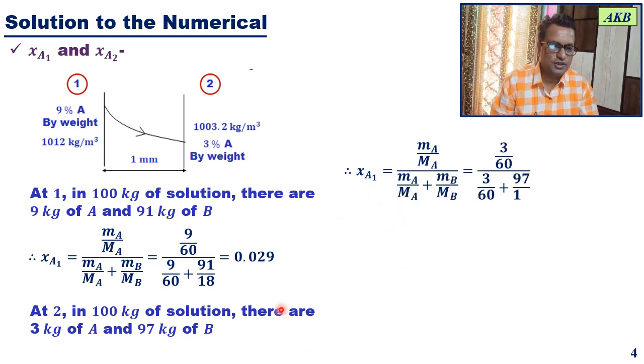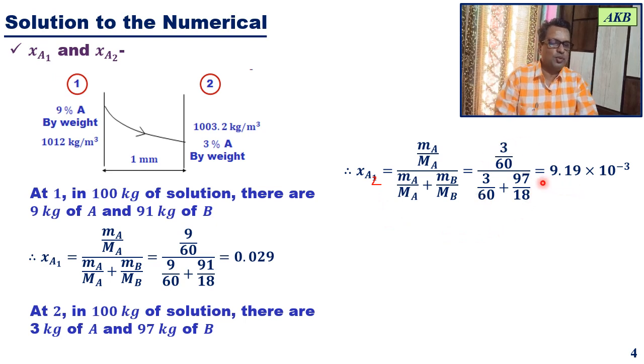So XA2, it should be at end 2. This XA2 will be the same formula, again the same quantities that are given to us, I have used those quantities, and if you calculate it will come out as 9.19 into 10 to the power minus 3.